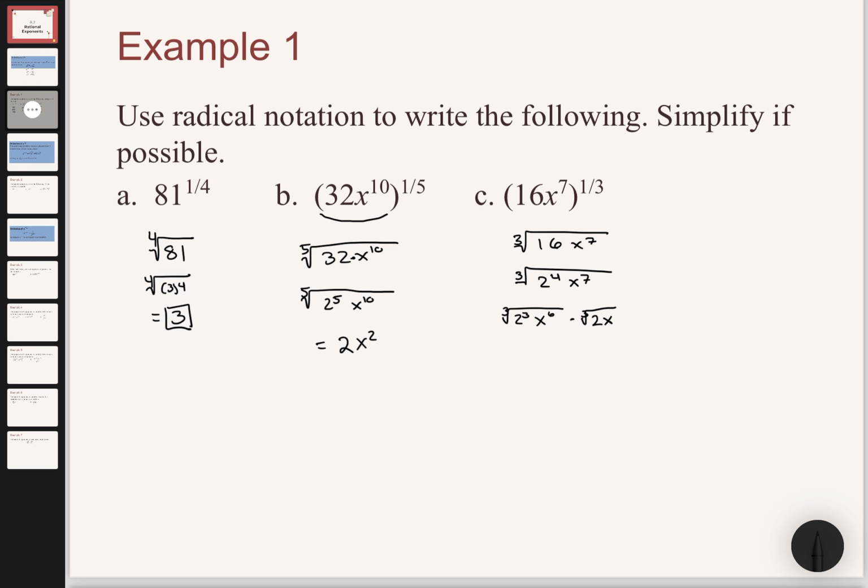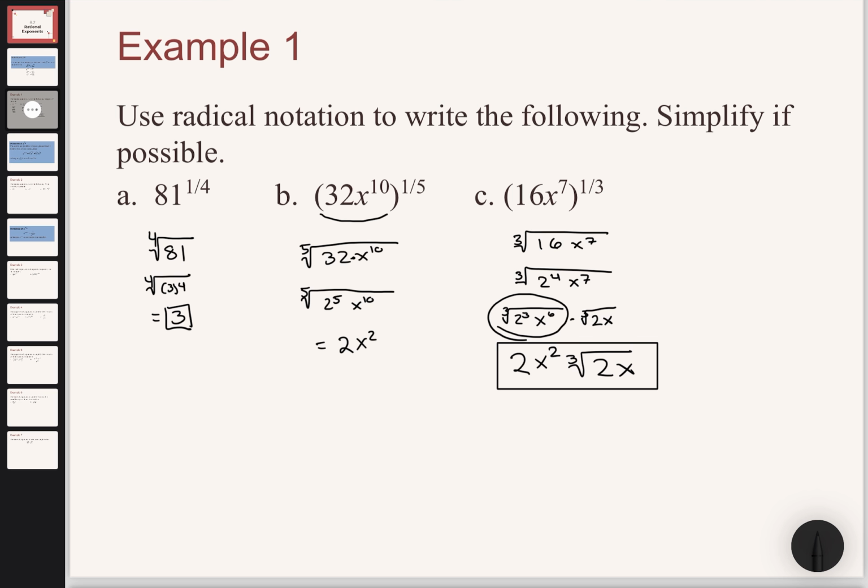Over there, okay? How could you simplify this first bit? Well, the cube root of 2 cubed is just 2, and the cube root of x to the 6th is x squared, right? x squared times x squared times x squared equals x to the 6th. And then I'm left with the cube root of 2x. And folks, that's long and clunky, but that is your answer.